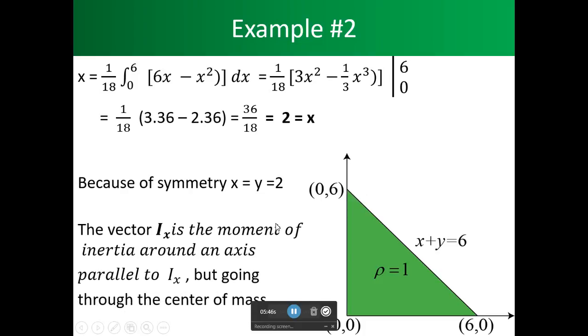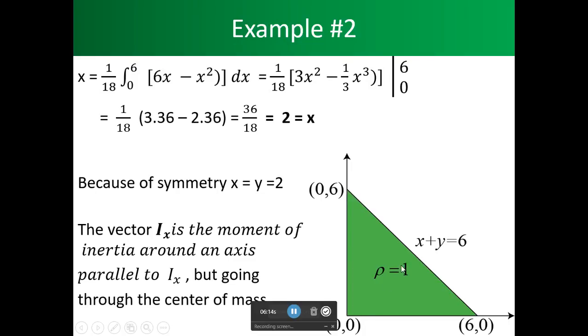Okay, so the next thing we'd like to look at is the vector I sub x, which is the moment of inertia around an axis parallel to the moment of inertia x, that's the scalar, but going through the center of mass.